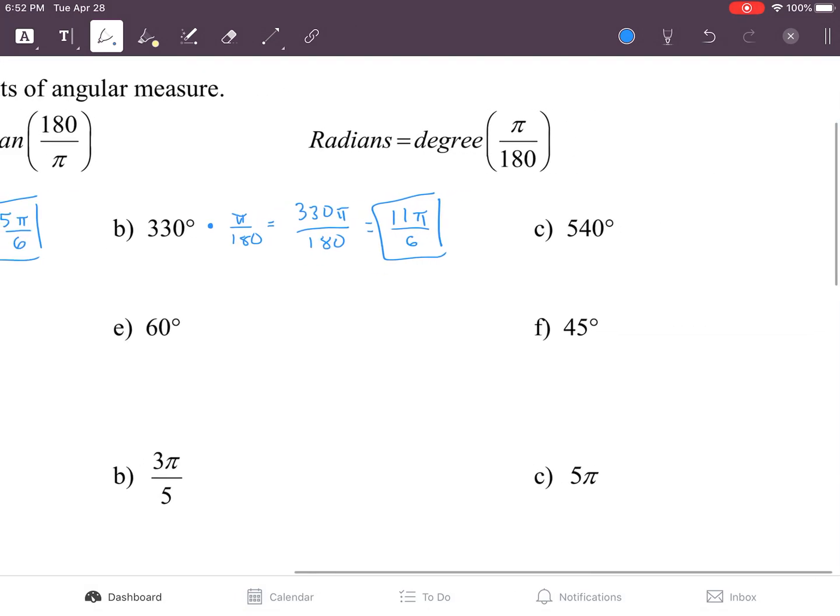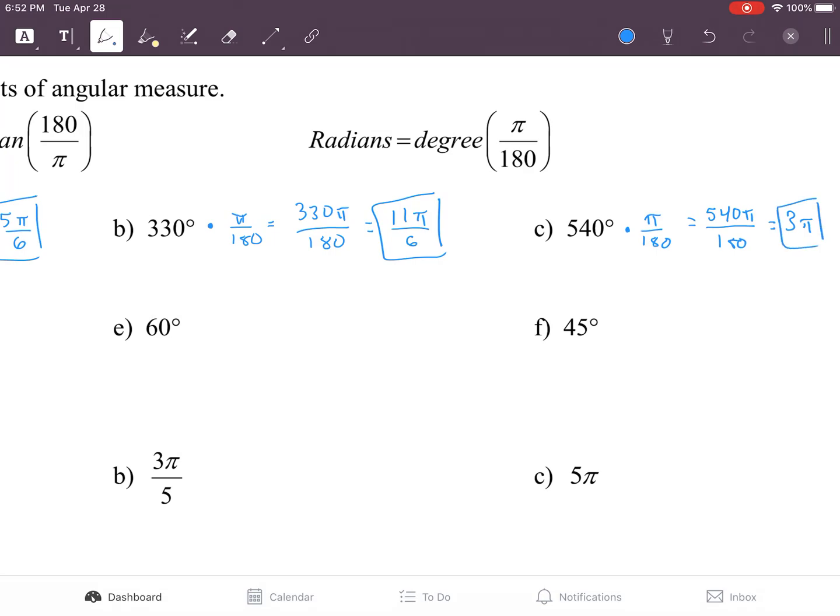And then finally 540. You multiply this by pi over 180, which gives you 540 pi over 180. Again, you take 540 divided by 180 and you get 3. So it'd be 3 pi.